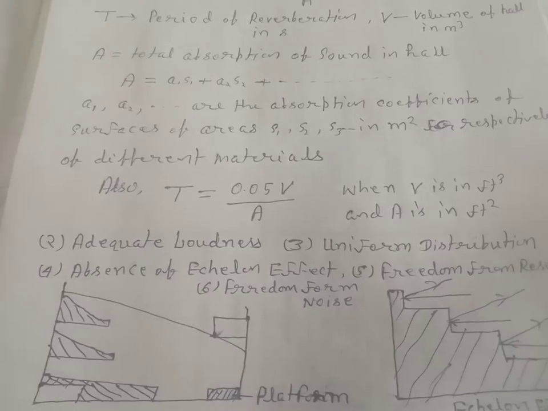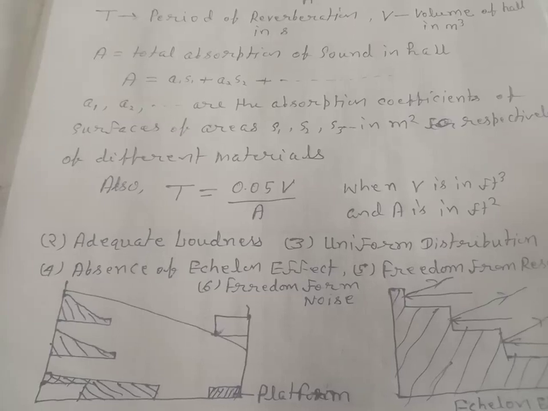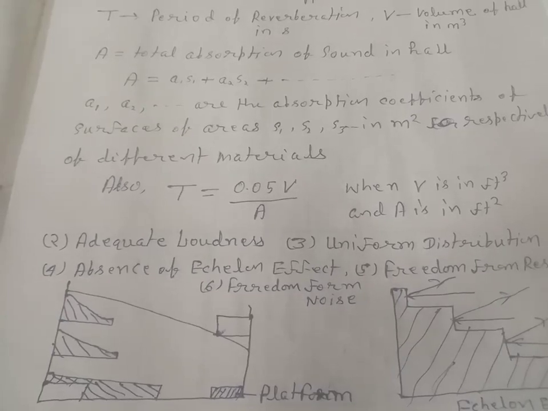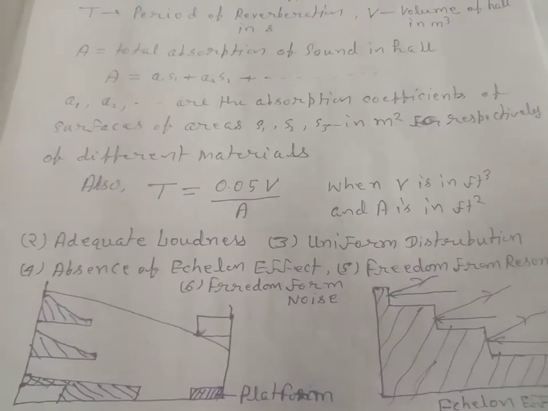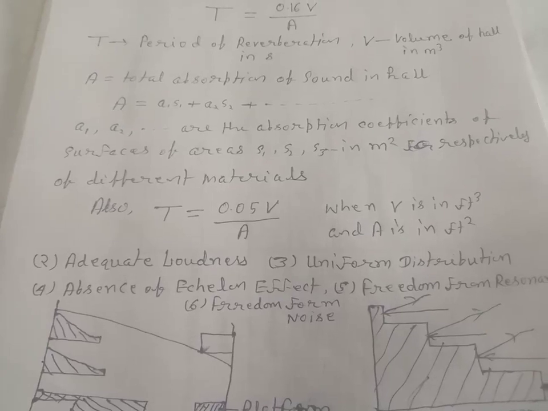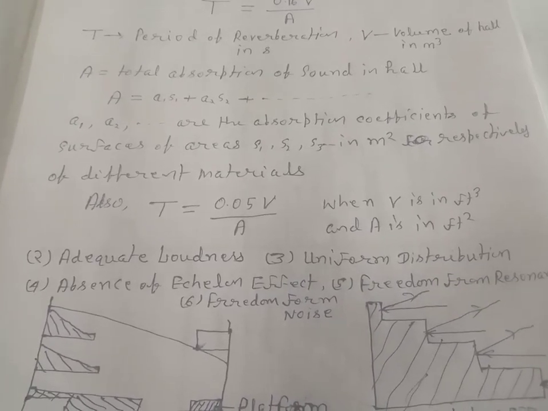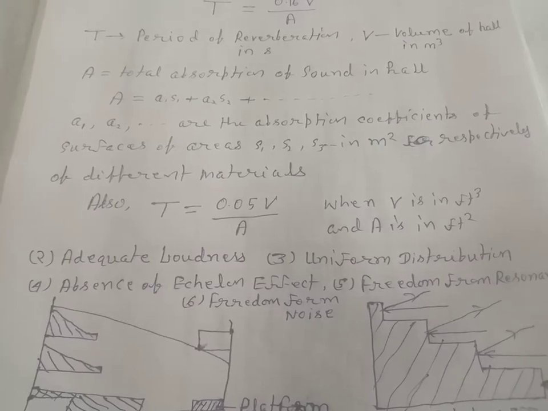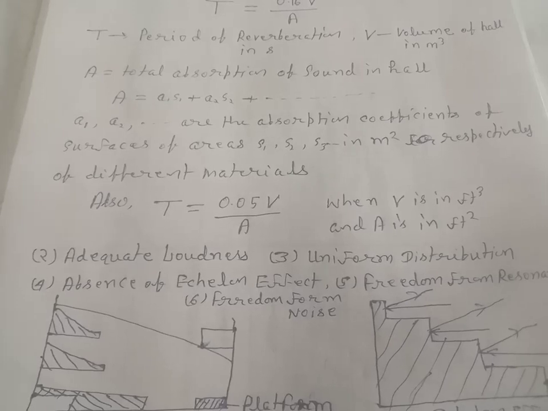Thus, in big halls, the reverberation period can be reduced to the optimum value by increasing absorption of sound, and this is done by taking some of the following steps. The windows and ventilators are opened. The floor is covered with carpet or tapestries.